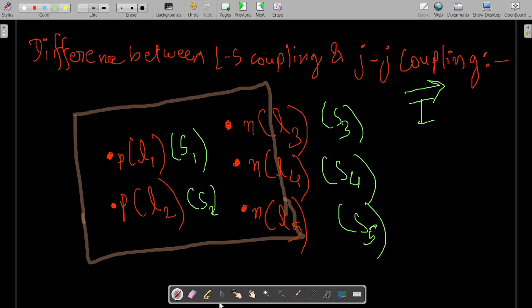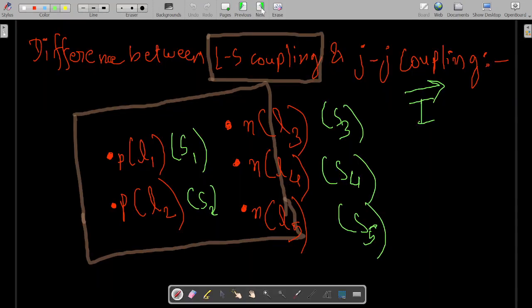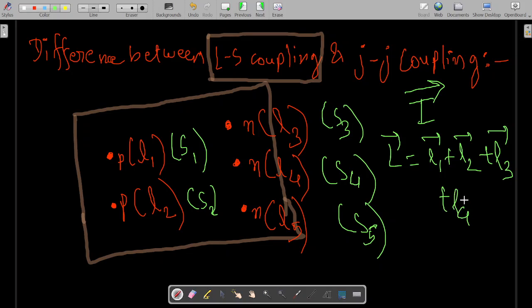If the nucleus follows LS coupling, you will add the L vectors first. The L vector will be L1 vector plus L2 vector plus L3 vector plus L4 vector plus L5 vector.